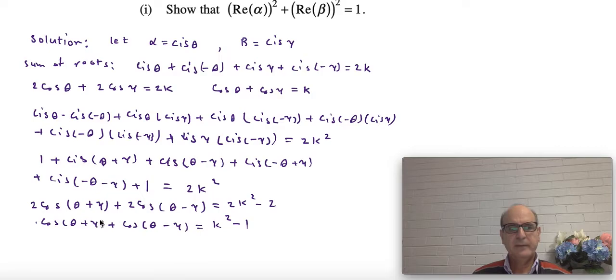Now if we expand this, that's going to be cos theta cos gamma minus sin theta sin gamma. And this is going to be cos theta cos gamma plus sin theta sin gamma.